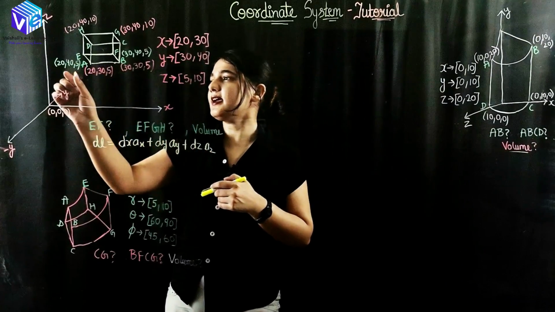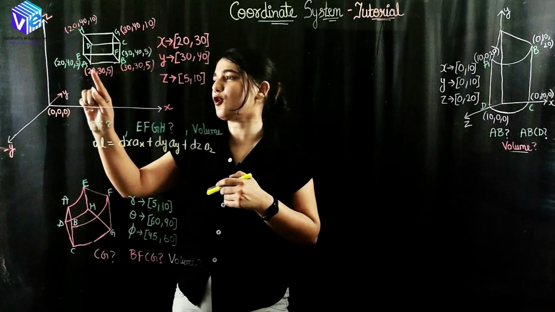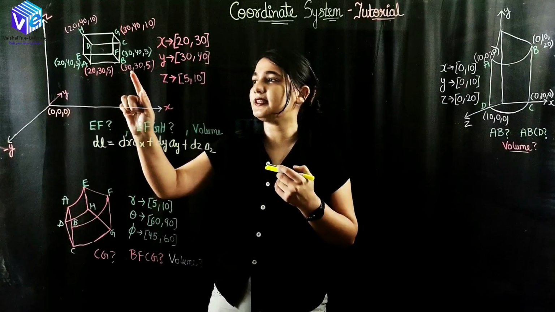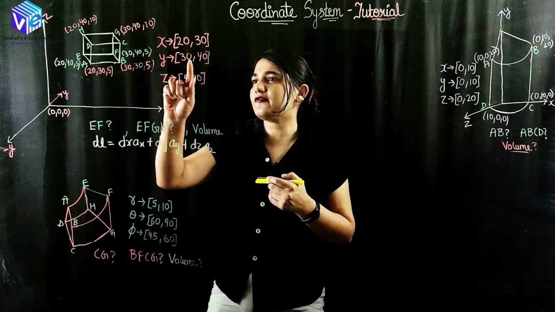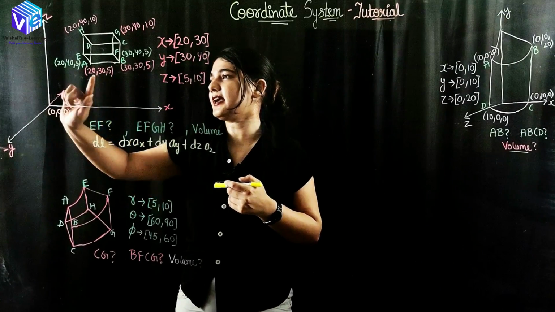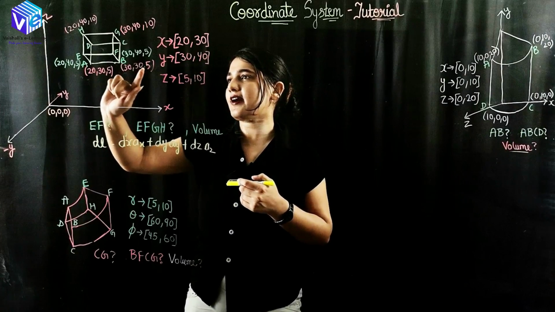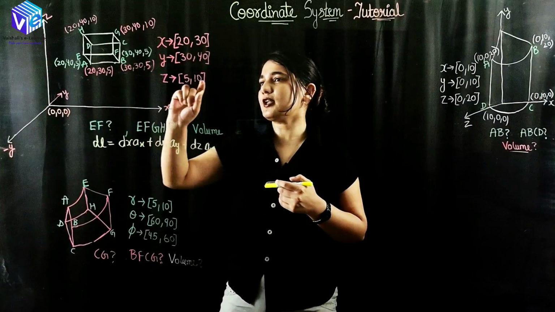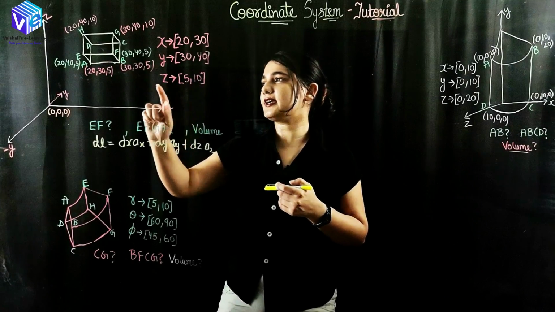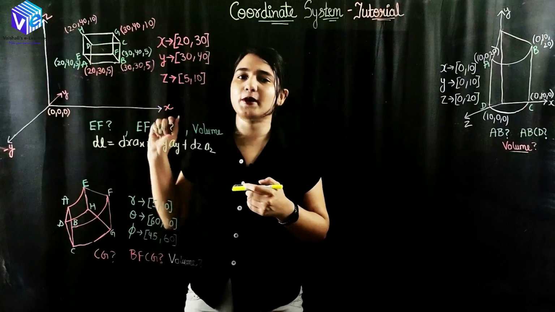So the lower coordinate of x will be 20 and the higher coordinate of x will be 30. The lower coordinate of y will be 30 and the higher coordinate of y will be 40. For z, the lower coordinate is 5 and the upper coordinate is 10.